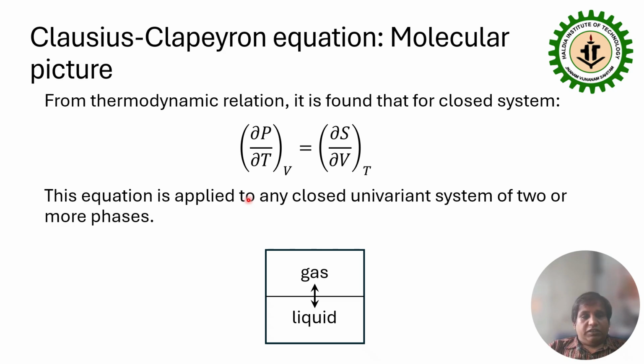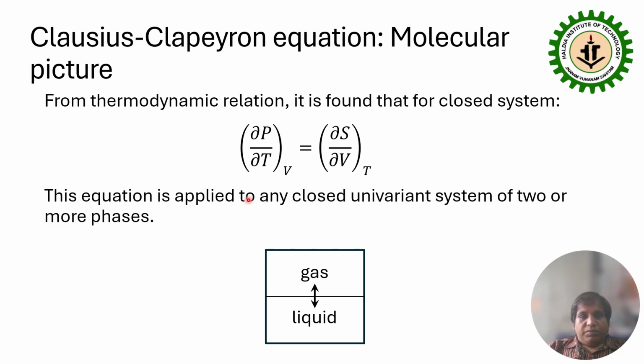To understand this equation, let's think about a closed system that has a volume V and consists of some gas molecules. If we change the temperature of this system, keeping the volume constant, the pressure will increase.